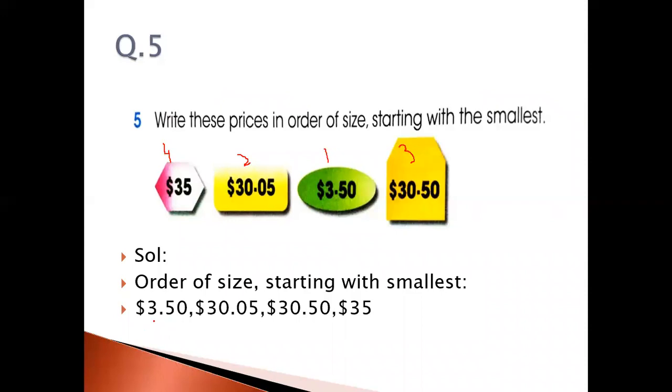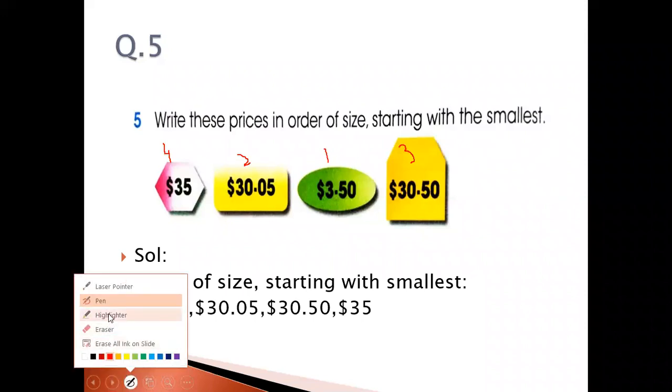So we can say $3.50, then $30.05, then $30.50, and at the last $35. In this way, we can arrange the stickers according to their size or order. So let's move towards our next slide, to see what the question is asking.